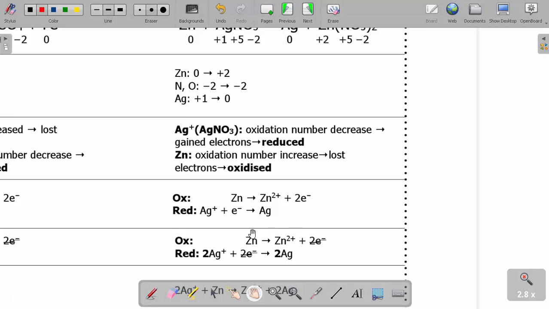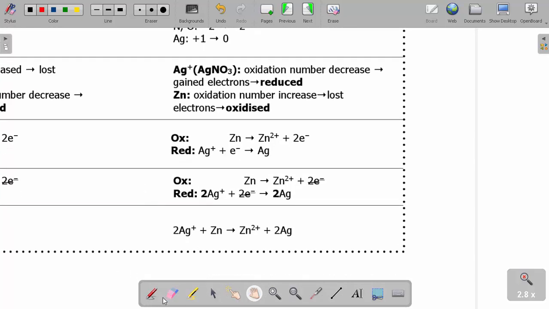So I'm going to multiply by 2 here to balance the electrons. Remember that these are 2 electrons here for zinc. Okay, so I must multiply by 2 here, and multiply by 2 here, and multiply by 2 here.